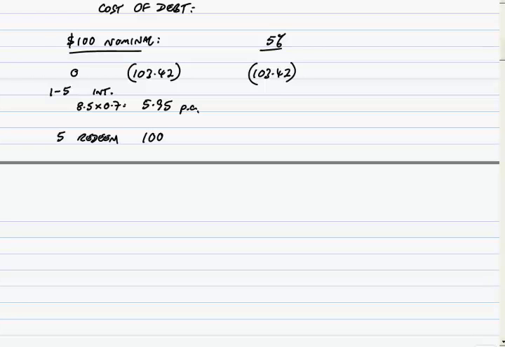And so the annuity, the interest, 5 years, 5%. The factor is 4.329, giving a present value of 25.76. The redemption, the ordinary discount factor, 5 years, 5% is 0.784.